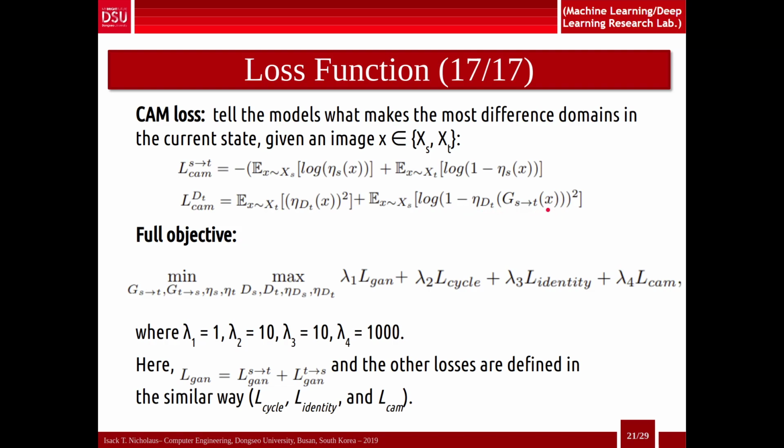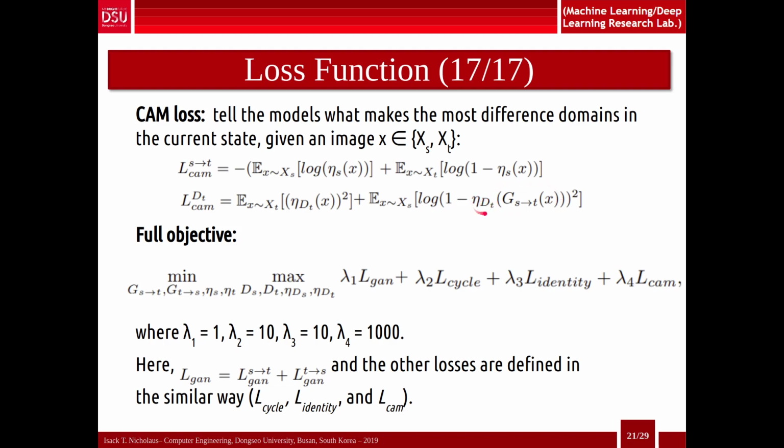The auxiliary classifier is fed with the generated image from our generator. Then we find the square of the difference between one and the probability generated by the auxiliary classifier.